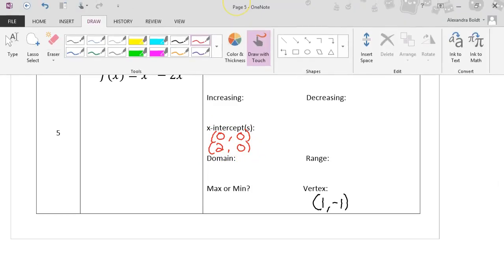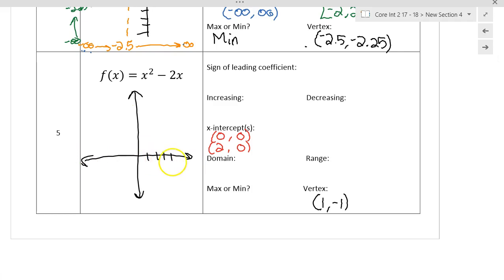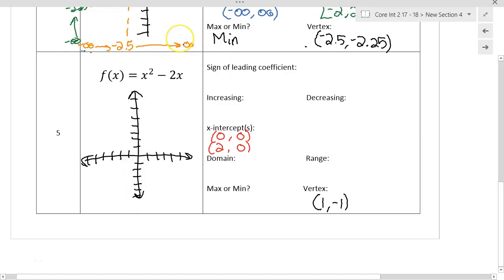So I'm just going to graph this quickly. Tick mark. So my vertex is at (1, -1), right 1, down 1. There's my vertex.